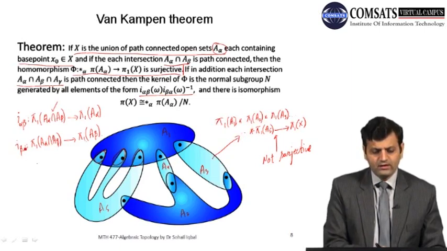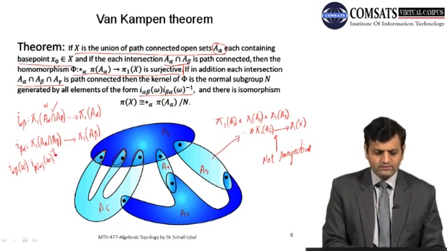Now if omega is an element of pi 1 of A alpha intersection A beta, then I can apply I alpha beta on this omega, and this will be an element of pi 1 A alpha. Given omega belongs to A alpha intersection A beta, I can also apply I beta alpha and I will get an element of pi 1 A beta. Now I can take the inverse of this as well.